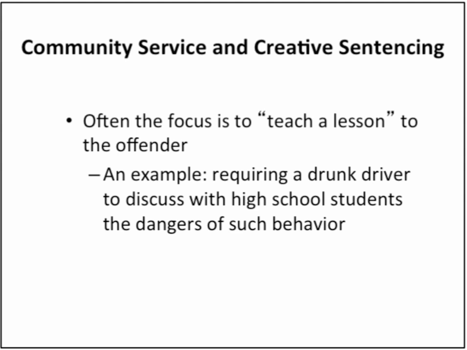Sometimes people say the focus of this is more on teaching a lesson to the offender. For example, serving in the community for a drunk driving conviction, talking to a high school student about the dangers. So this kind of gives you a range of the idea of what's covered under corrections and some of the sentencing, ranging from simple imprisonment to creative sentencing.